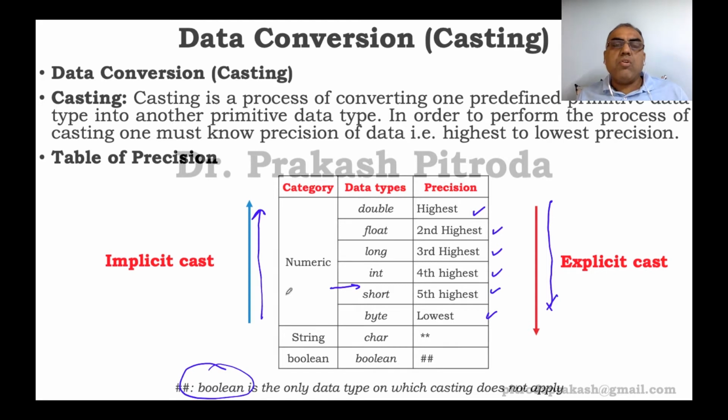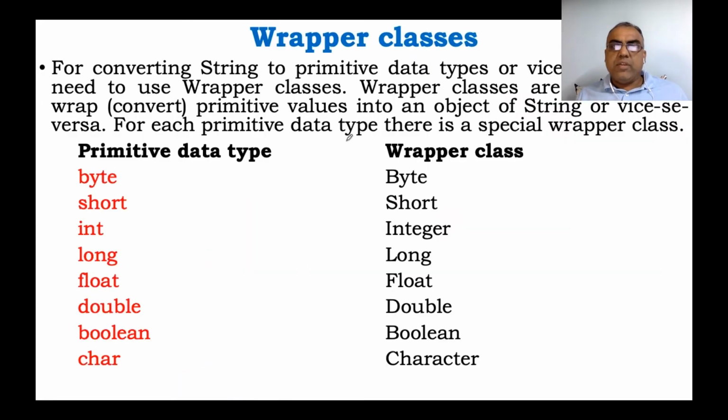Then we came across wrapper classes, where we understood a wrapper class is a class that will convert any value that is coming in from the user, which predominantly Java takes as a string, and then you need to convert it into its relevant data type. So wrapper classes will help you to convert any value that is coming from the user using your input method.